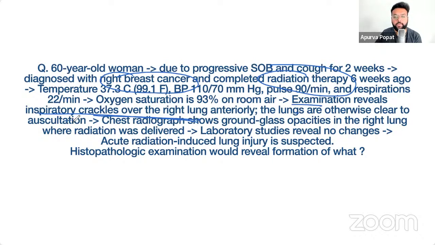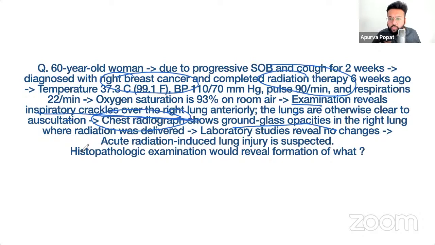Otherwise, everything is okay. Chest radiograph is showing ground glass opacity on the right lung where the radiation was given. After the radiation, in the area of radiation, now you are having ground glass opacity. Why is this patient having ground glass opacity in the area of radiation?